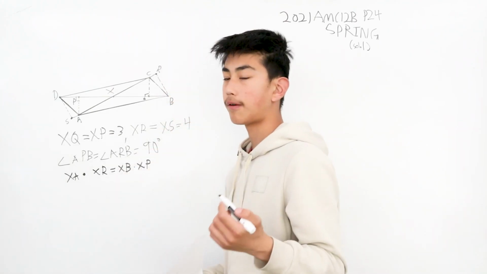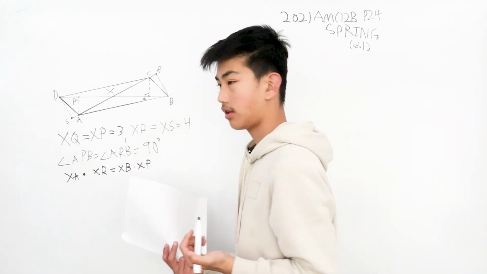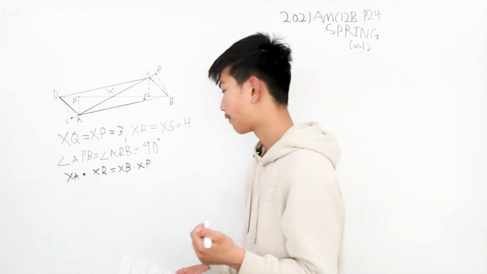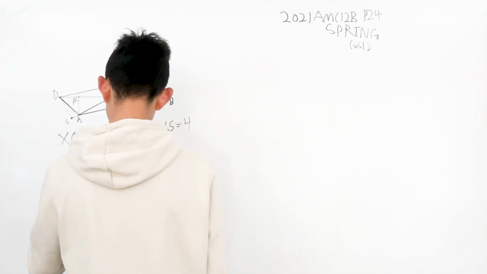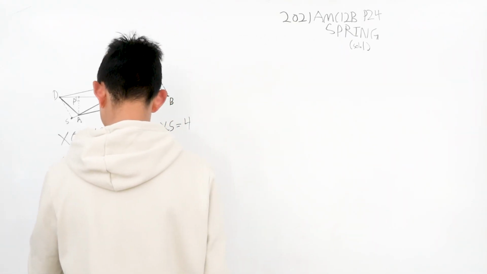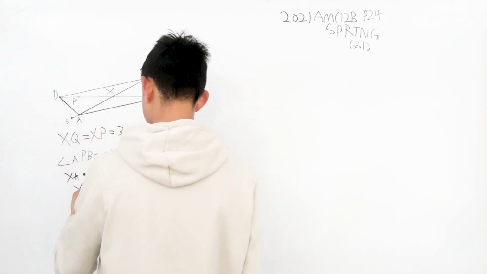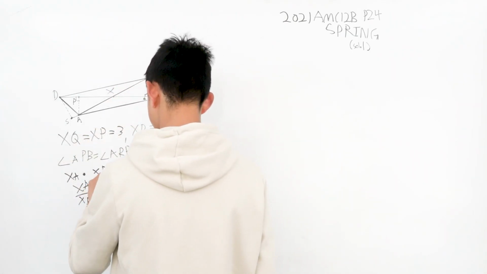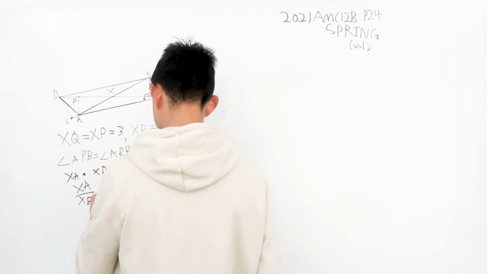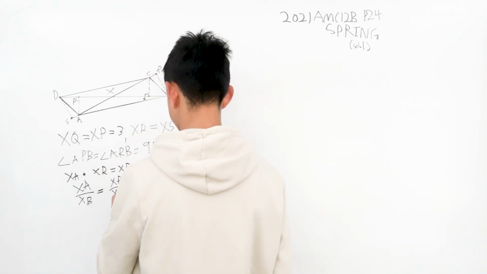When you divide, you get an equating of fractions: XA over XB is equal to XP over XR, which is 3/4.